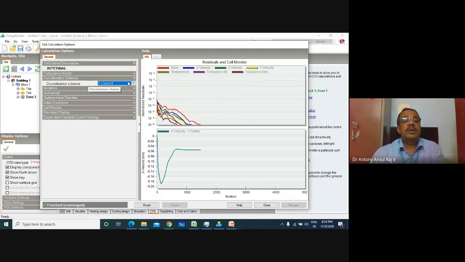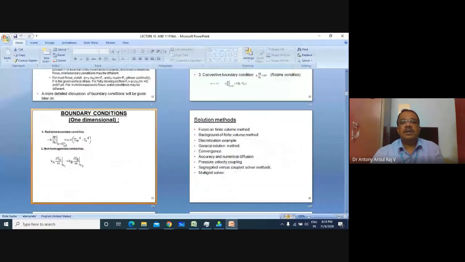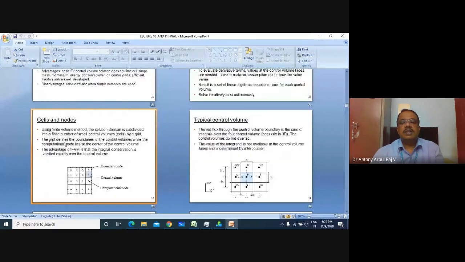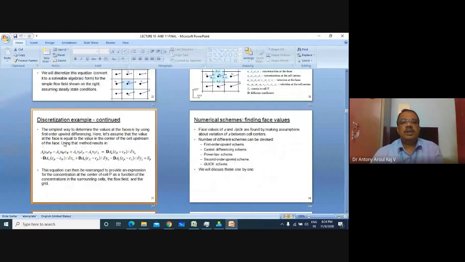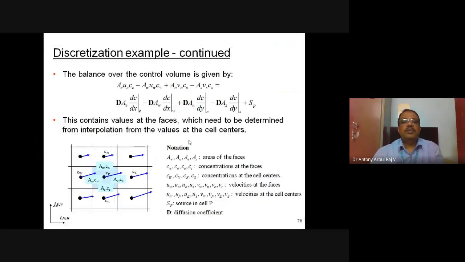So now we have completed one. Where are we going for discretization scheme? In the discretization scheme, we are going for convection only. So you go for convection and diffusion. When you go for convection and diffusion, diffusion will not pose any problem. Convection alone will pose problem. So there you have to go for interpolation, whenever you are taking the face value.